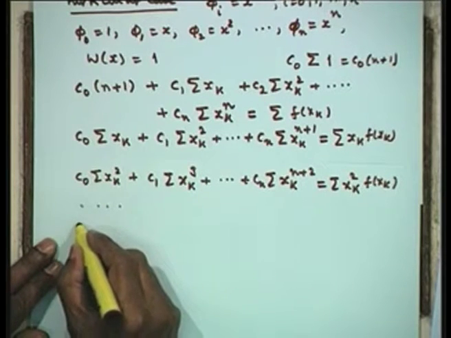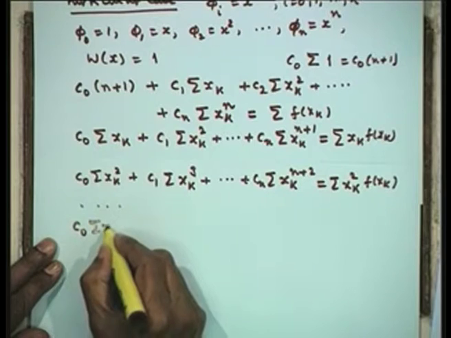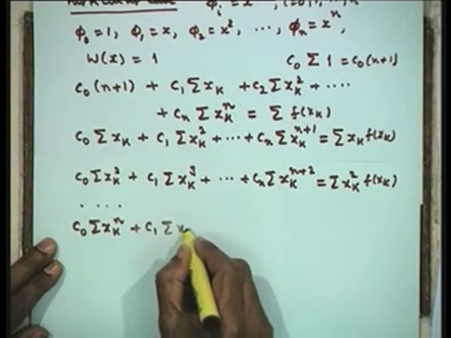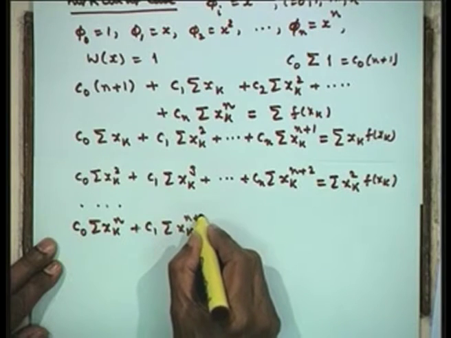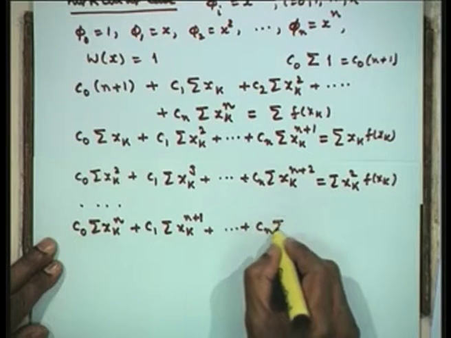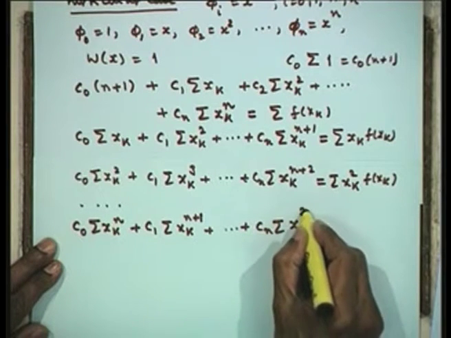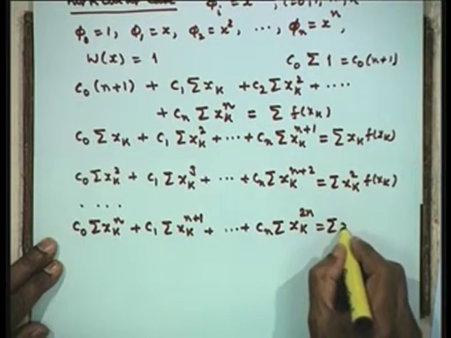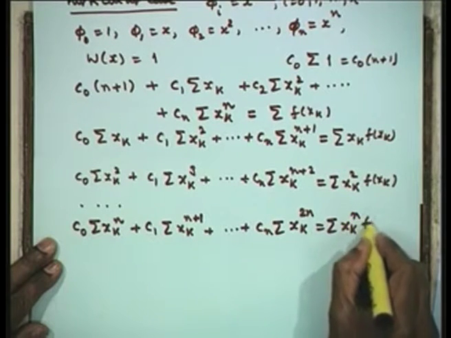The last equation reads C 0 summation x k to the power of n, C 1 summation x k to the power of n plus 1, plus so on, C n summation x k to the power of 2 n, that is n plus n, that is 2 n, and this equals summation x k to the power of n f of x k.